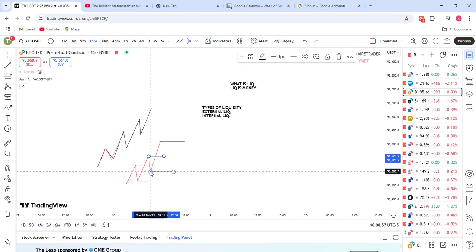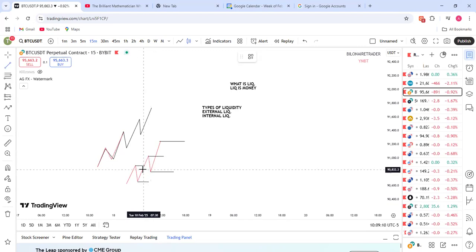The point where the market came into means there is something inside of this range, from here to here, that is called an internal liquidity resting somewhere here.